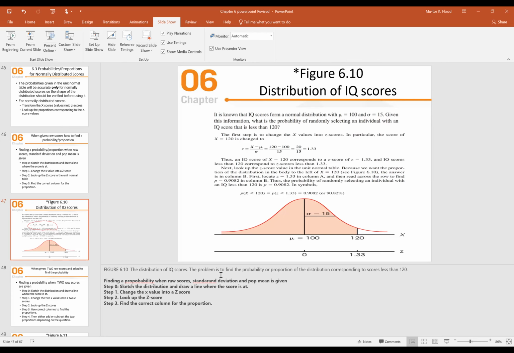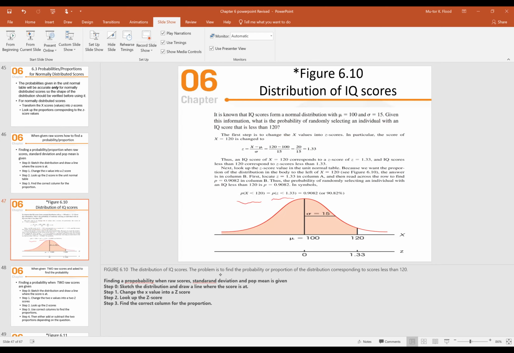So the next step is we're going to look up the z-score value in the unit normal table, because we want the proportion of the distribution in the body to the left of x equals 120, right? Because they ask, what scores are less than 120? So in z-scores, what proportion of z-scores are less than 1.33?